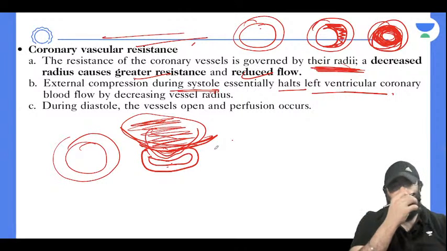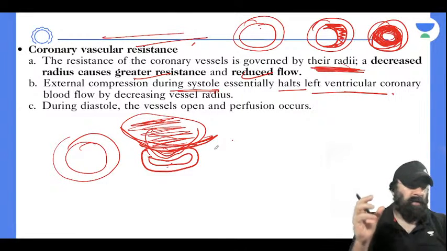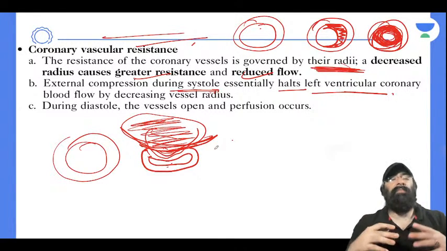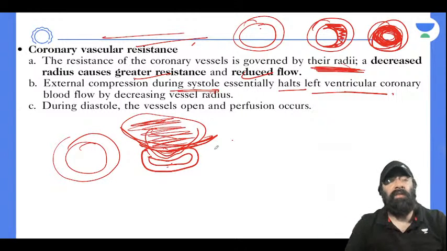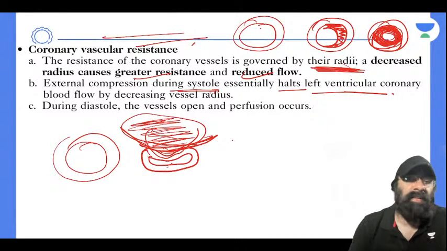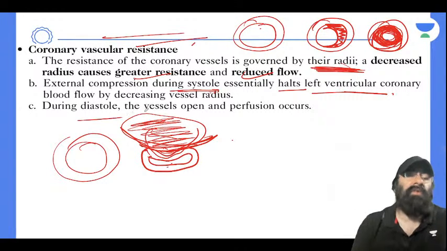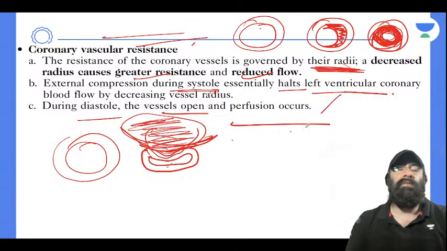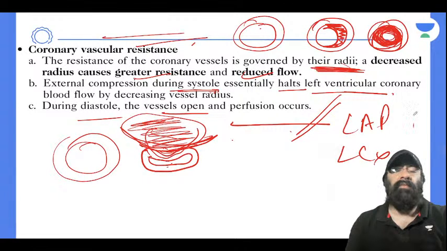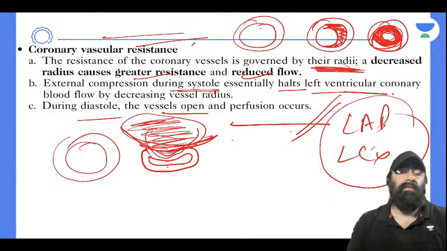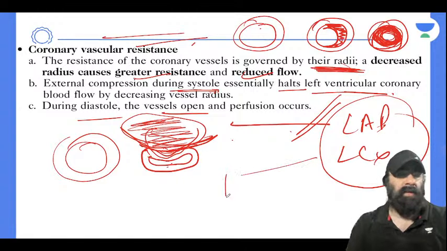During systole, the heart muscle contracts so much that there is external pressure on the vessels. And during diastole, the vessels open and perfuse. This is very much true about the left anterior descending and left circumflex artery, the left side arteries. Not true about the right coronary artery, RCA.